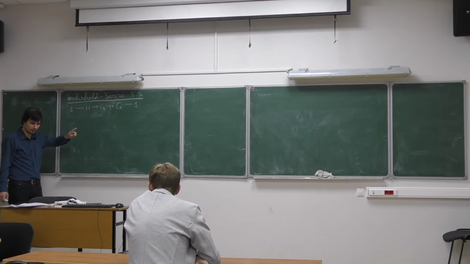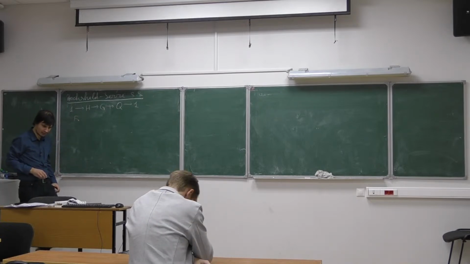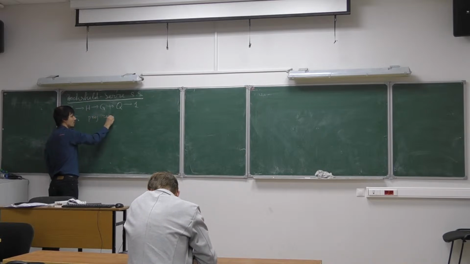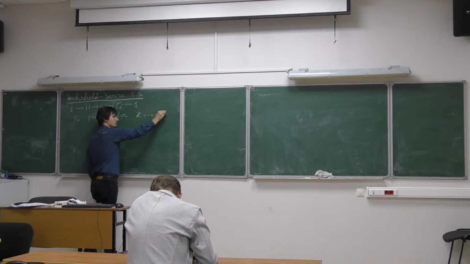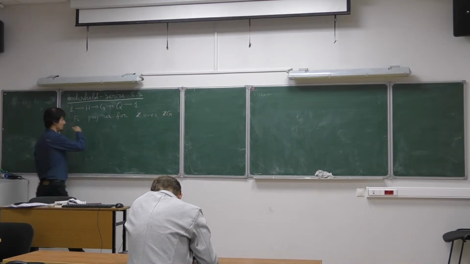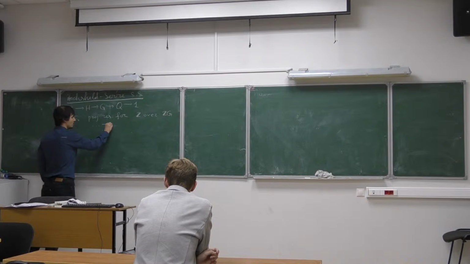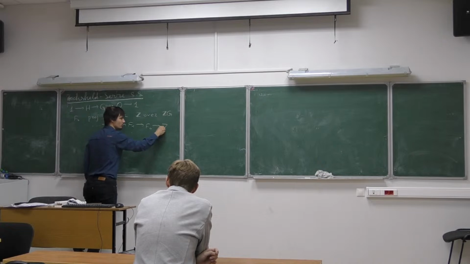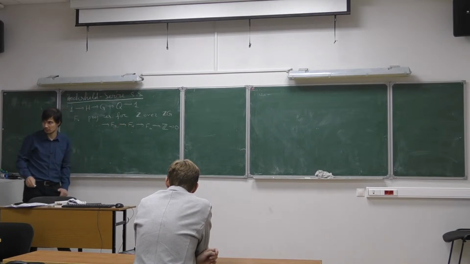F star will be a projective resolution for Z over ZG, so a projective resolution for G. It is a sequence of projective modules, all these modules are projective and the sequence is exact.